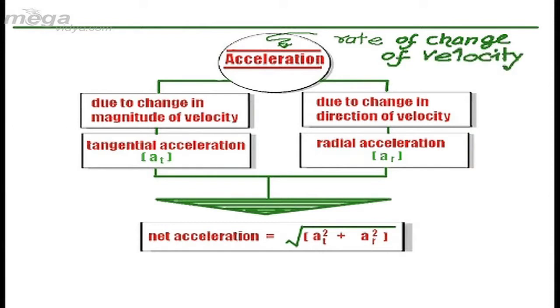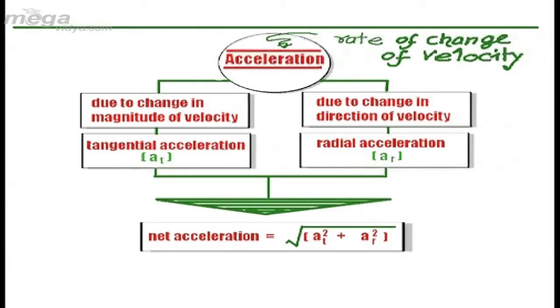Velocity is a vector quantity which may change either by changing the magnitude of instantaneous velocity, or in the direction of velocity, or maybe in both.